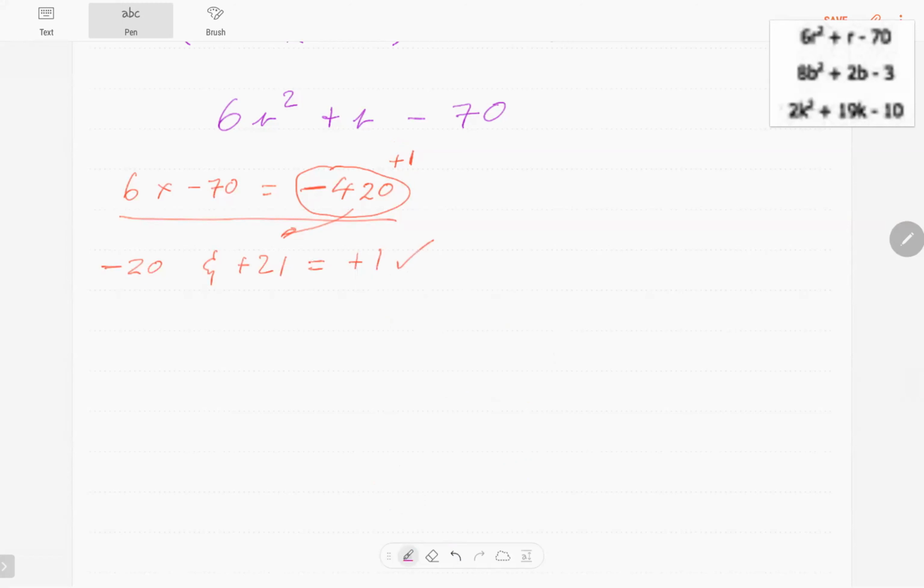And so this then would become 6r squared minus 6r, plus 7r. And then minus 7.